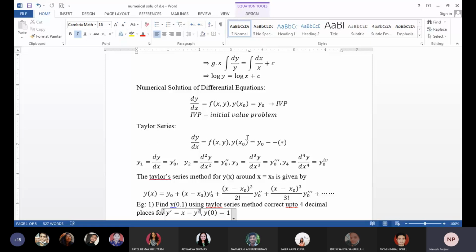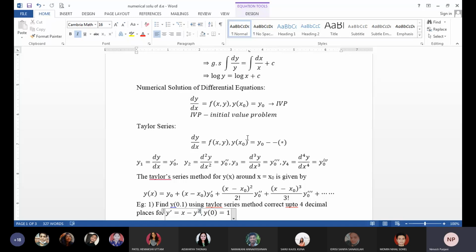Now what is this y0 dash, y0 double dash and so on? y0 dash is nothing but the value of your first order derivative when x is equal to x0. y0 double dash is the value of the second order derivative when x is equal to x0. y0 triple dash is the value of the third order derivative when x is equal to x0.